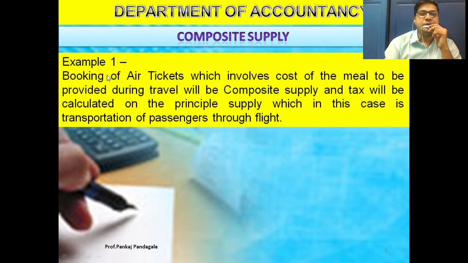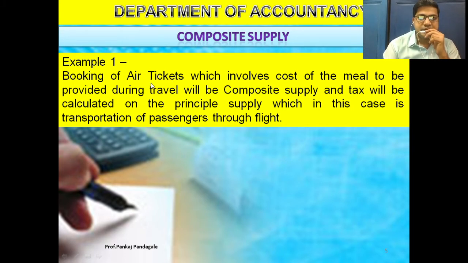Example number 1. Booking of air tickets, which involves the cost of a meal to be provided during the travel, will be a composite supply, and tax will be calculated on the principal supply, which in this case is the transportation of passengers by air.